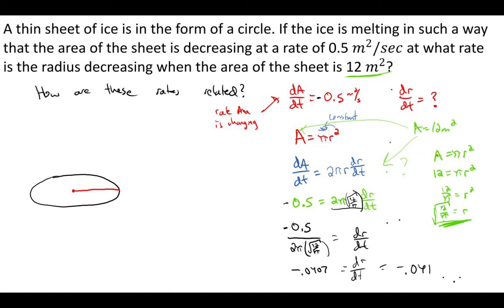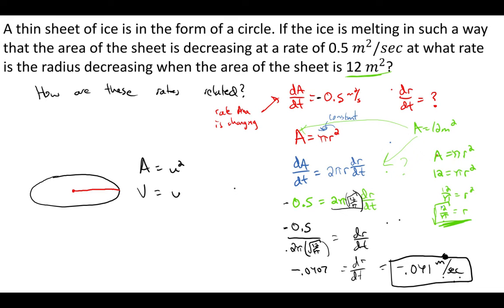and we need to make sure we have the correct units here. And the correct unit would be meters squared per second. Sorry, it should be meters per second, not meters squared. One thing to remember is area is always units squared.